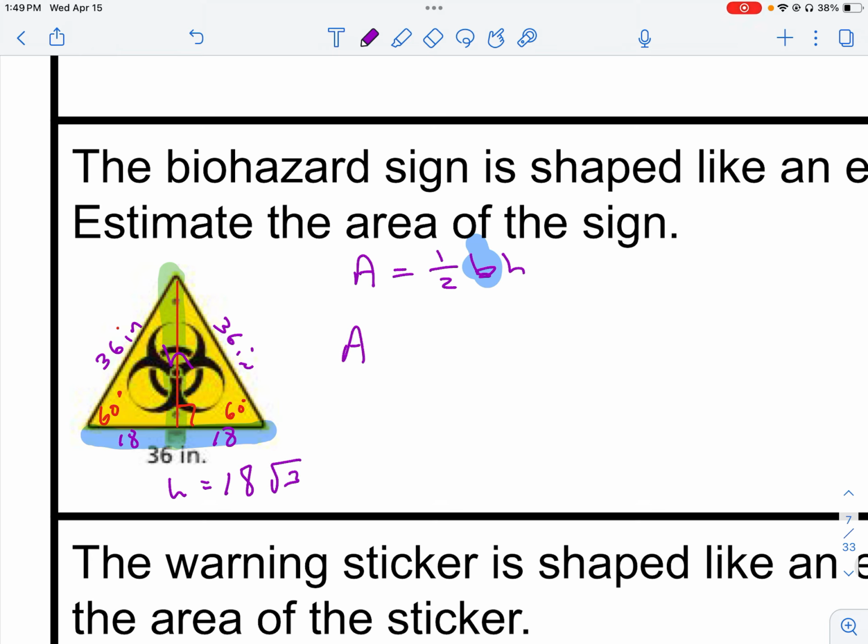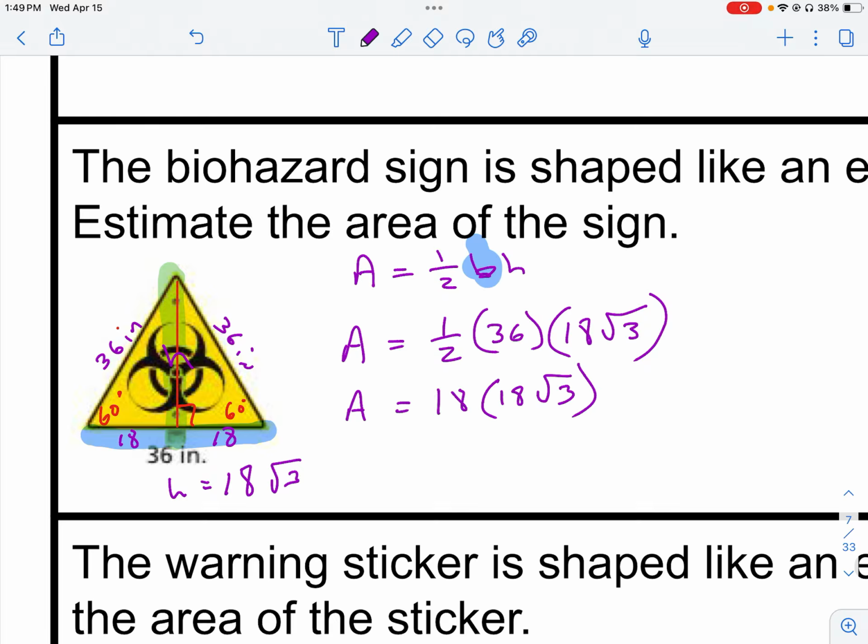So I get 1/2 of 36 times 18 radical 3. So 1/2 times 36 is 18 times 18 radical 3.